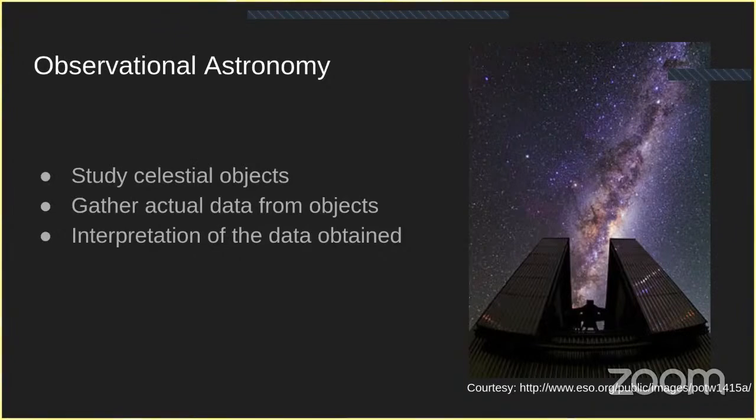In observational astronomy, the astronomers try to study celestial objects like stars, galaxies, supernova by collecting the data from these objects using different instruments like telescopes, interferometers, and etc. And then look at the observed data and interpret what might be going on in that star, which is why we are getting the particular data that is observed. So this is the gist of the entire observational astronomy.